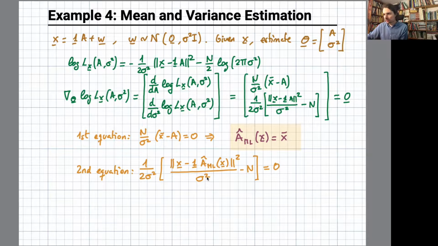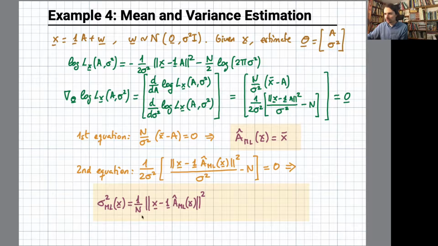Okay, so now we just need to solve this with respect to sigma square, and by the same logic, this term has to be 0, right? And that leaves us with this solution.